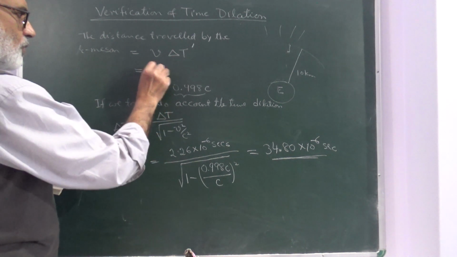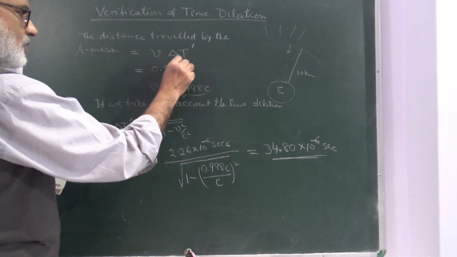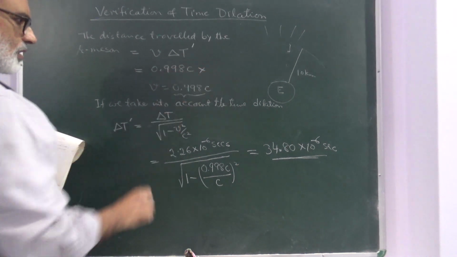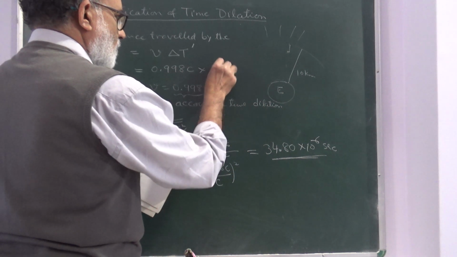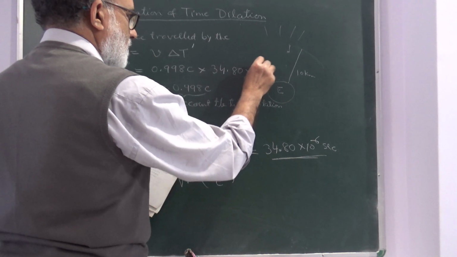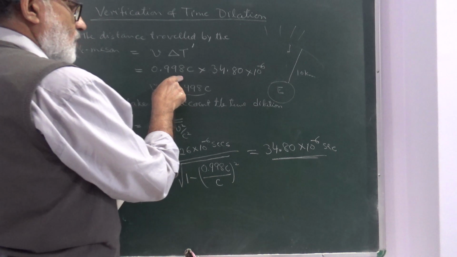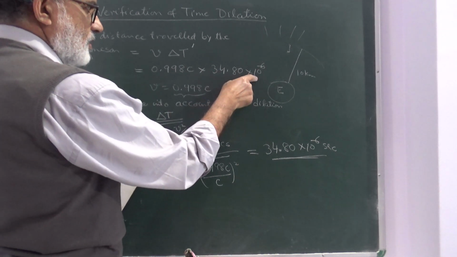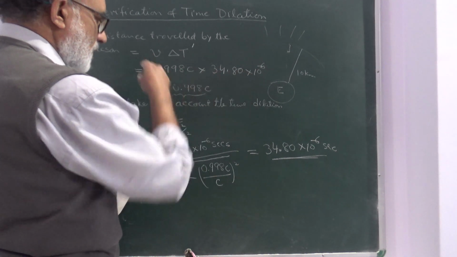The velocity is 0.998 c, and the time is 34.80 times 10 to the power minus 6. This is meters per second, and this is seconds, so this comes out to be meters.